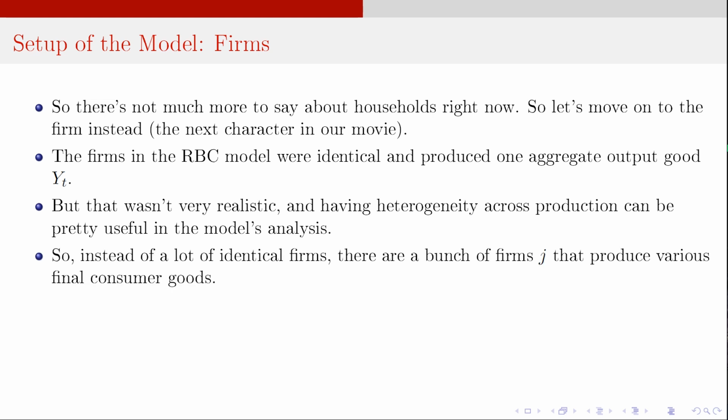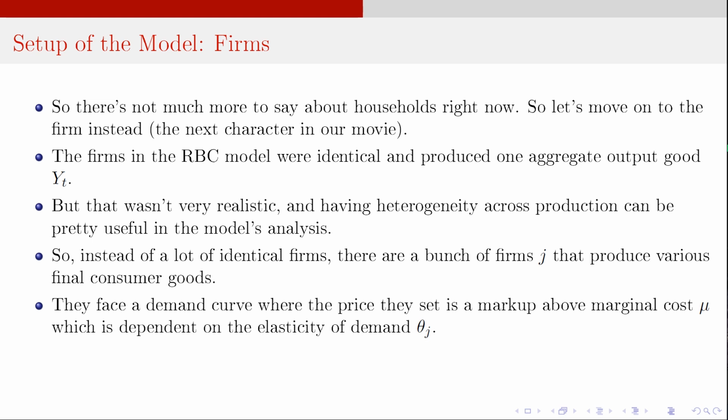So instead of a lot of identical firms, there are a bunch of firms, say J, that produce various final consumer goods. And they face a demand curve where the price they set is a markup above marginal cost. We'll call that markup mu.